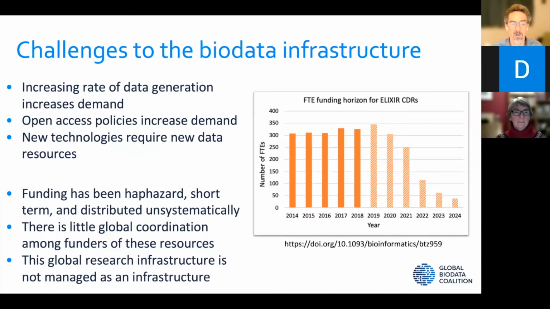Funding has been haphazard, short-term, and is somewhat unsystematically distributed. And crucially, there's not a lot of coordination among funders of these resources around the world. This leaves room for more efficient collaboration between the funders, and that's what the Global Biodata Coalition is about. Next slide.